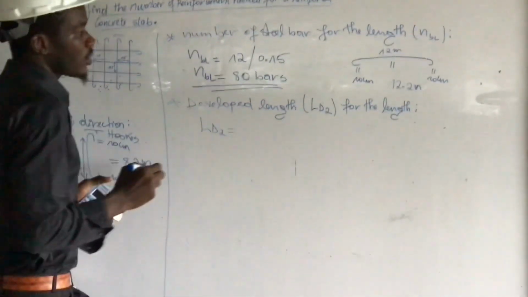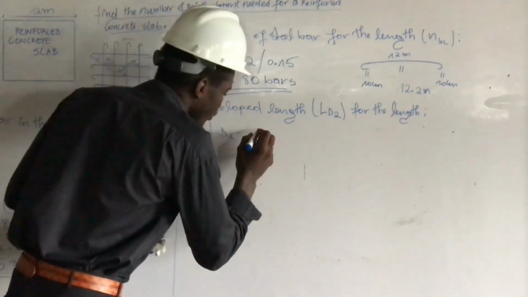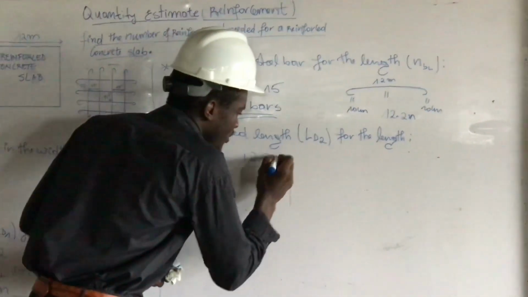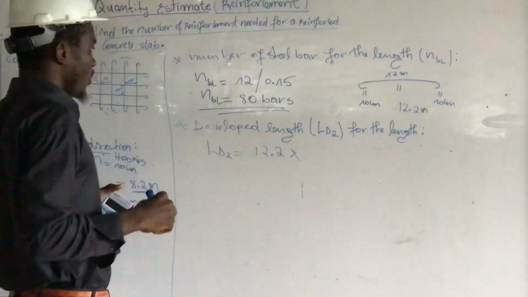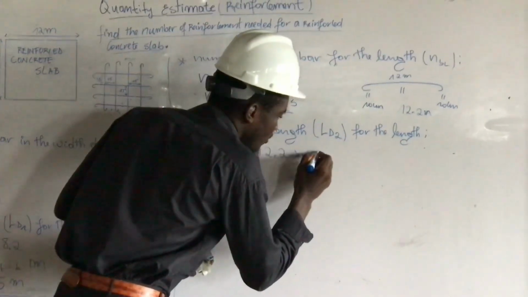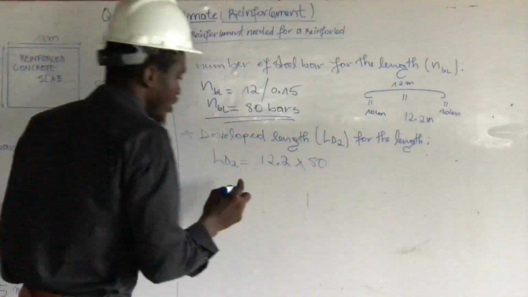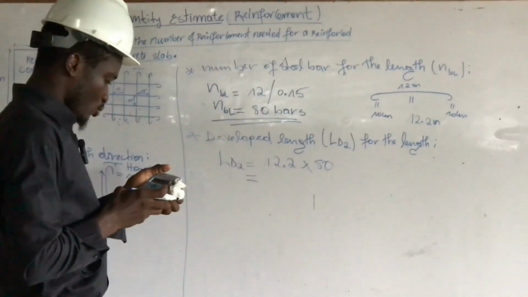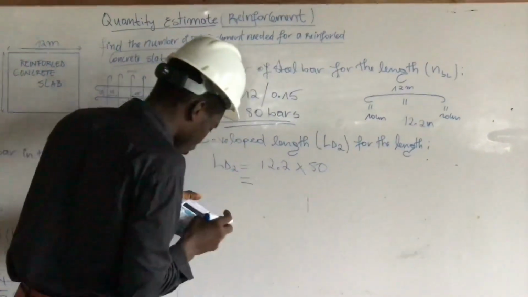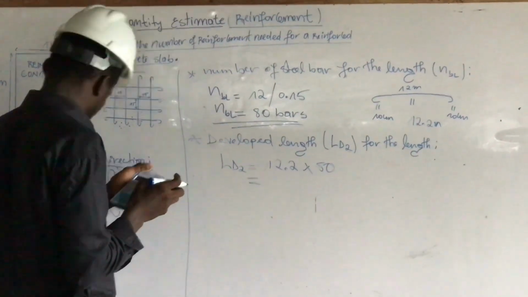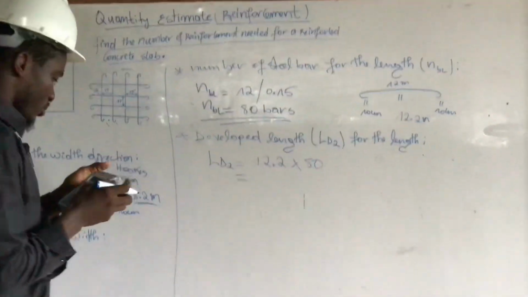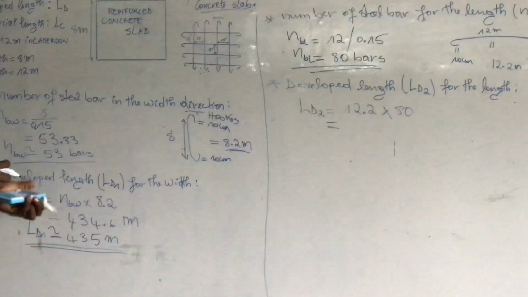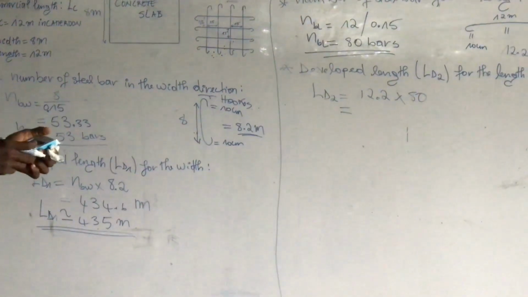So LD2 is equal to 12.2 meter times the number of bar for the length. You have 80 bar. 80 times 12.2 is going to give you, please let me check this calculation here. The number of bar for the width, it's a punching error here.